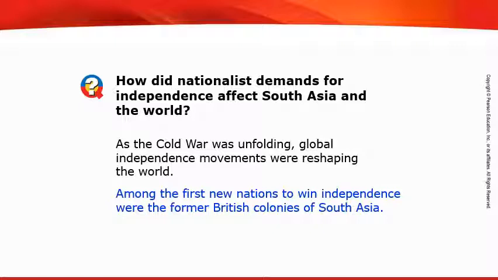British grip in India became further and further weak, and ultimately they gave independence to both Muslims and Hindus as separate countries. They divided India when they were leaving. So among the first nations that got independence from the British colonial empire after World War II were India and Pakistan.